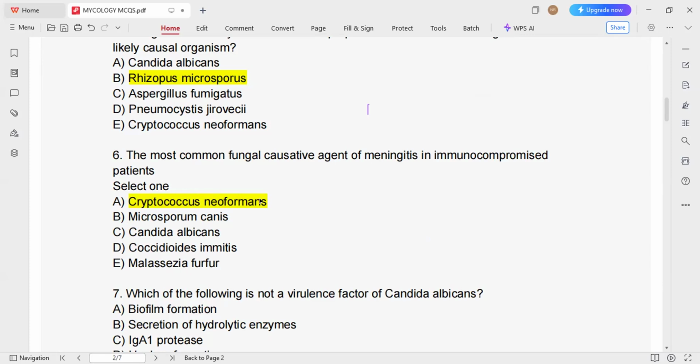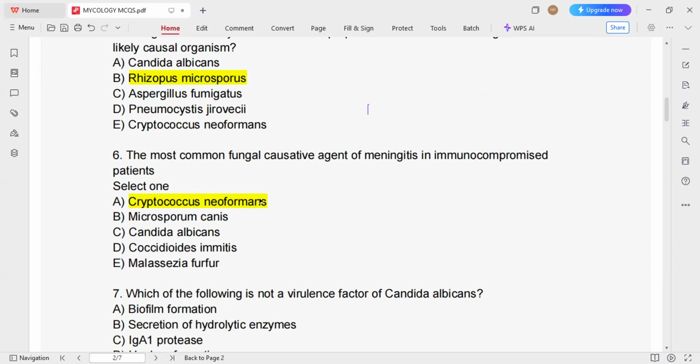It can cross the blood-brain barrier, and it can also make melanin. Yes. Another one. What will you see on CSF analysis of Cryptococcus meningitis? Let me be more specific.